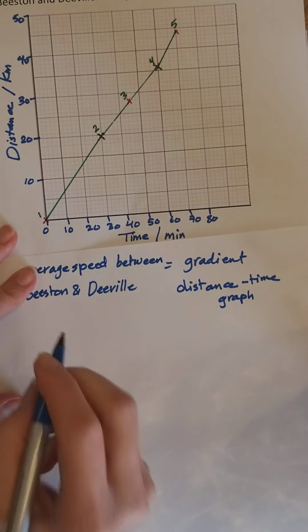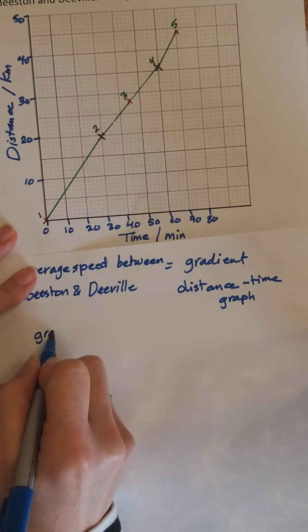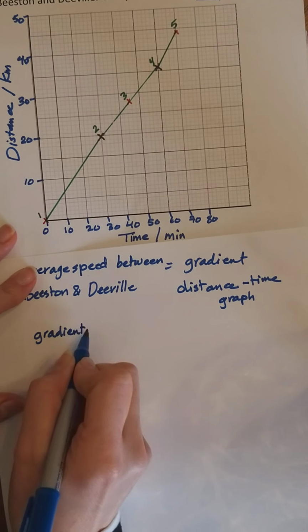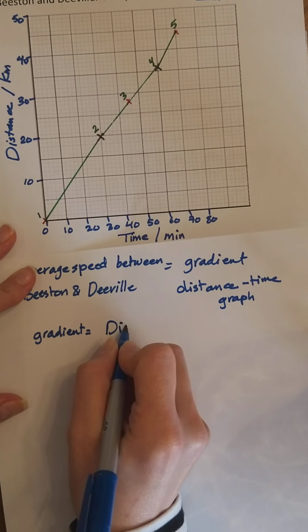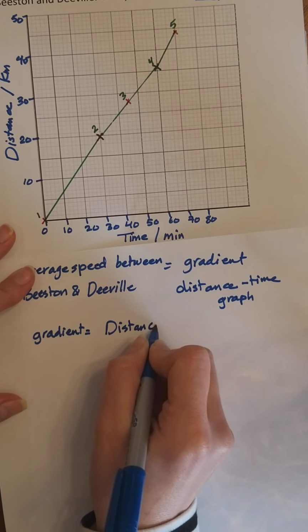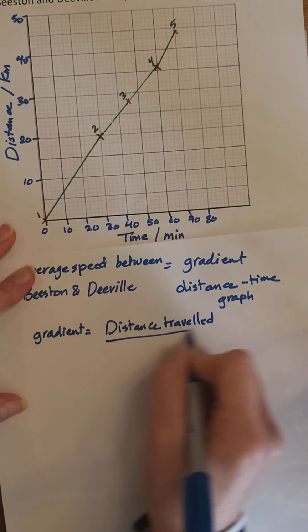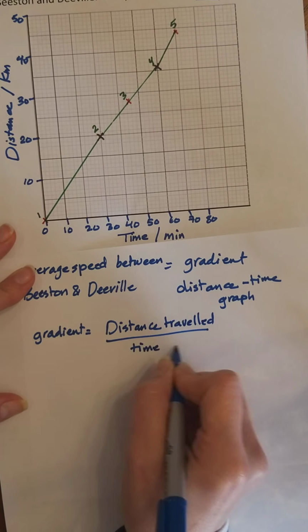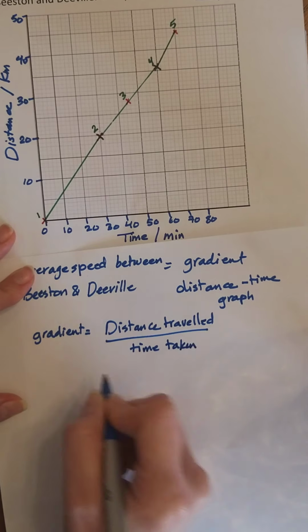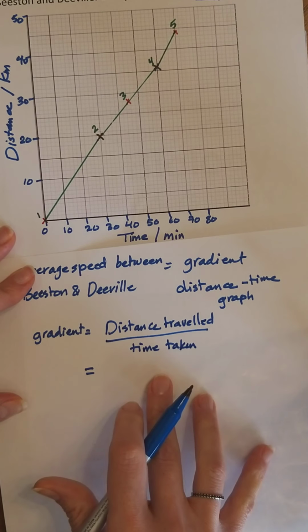Okay. The gradient equals distance traveled divided by time taken. So what's the distance traveled between these two stations?